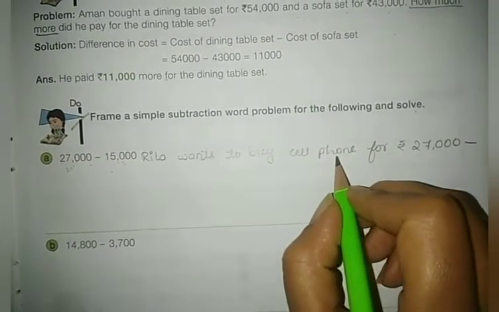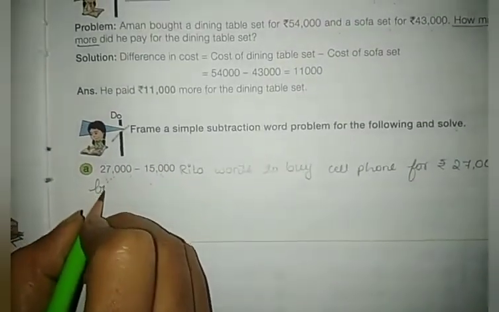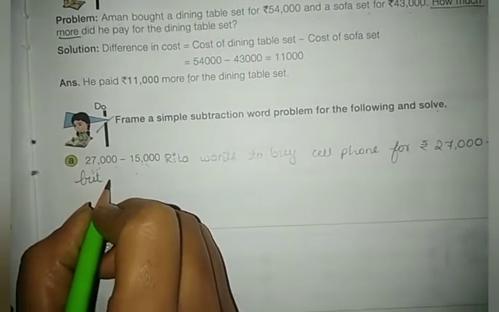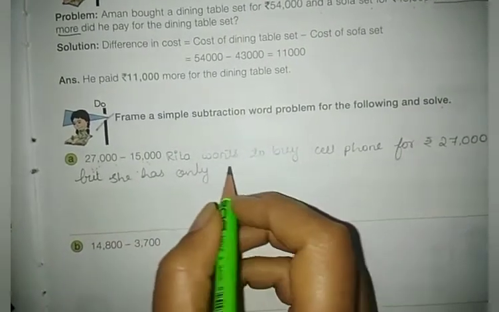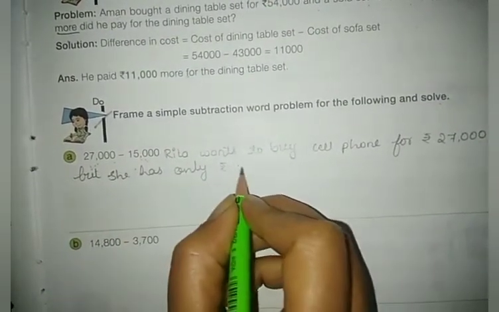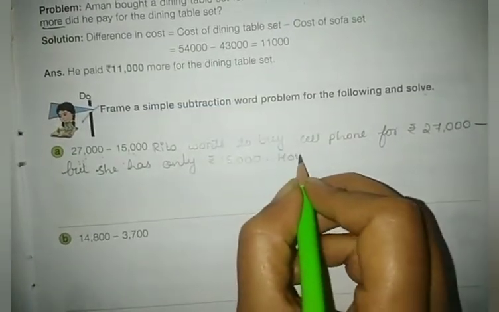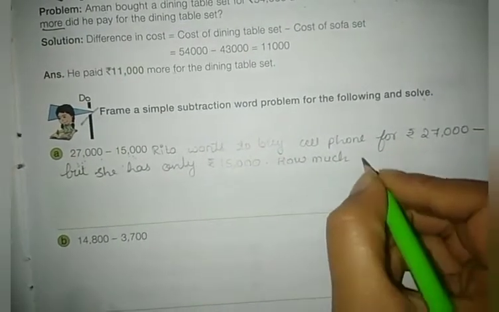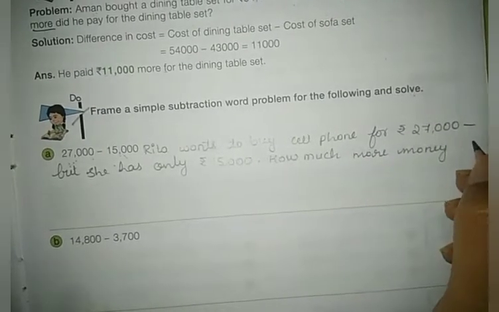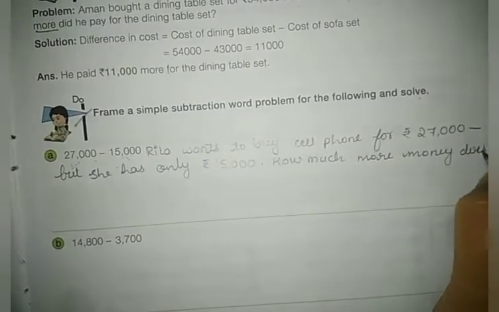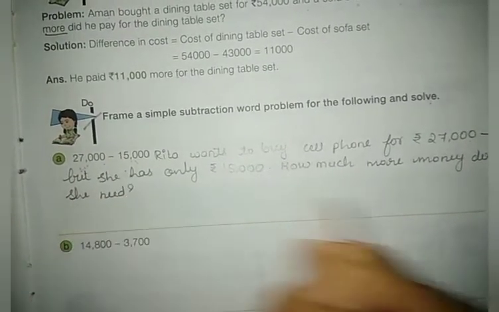She wants to buy a cell phone and the cost of the cell phone is 27,000, but she has only 15,000. So how much more money does she need? We have to find the answer now.